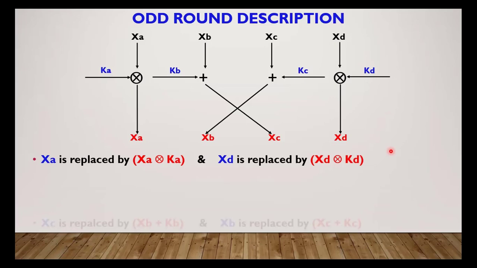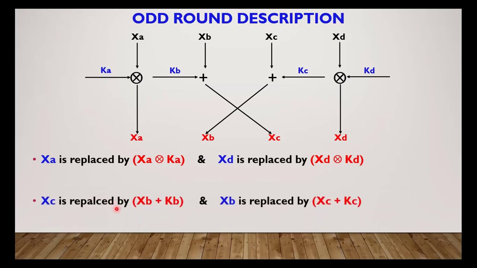You can see from the diagram. And in the similar fashion, you see XC is replaced by XB plus KB, and XB is replaced by XC plus KC.